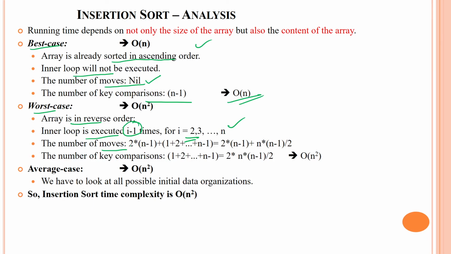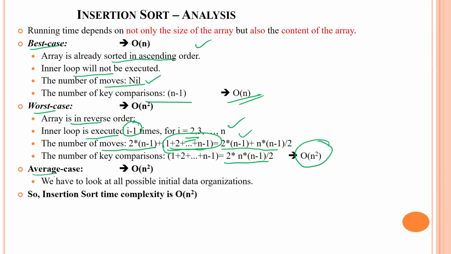The movements may also be possible 2 times n minus 1, because the first data we are not taking. So for this, n into n minus 1 by 2, multiplied by 2, we finally get n into n minus 1. So the dominating term is order of n square.